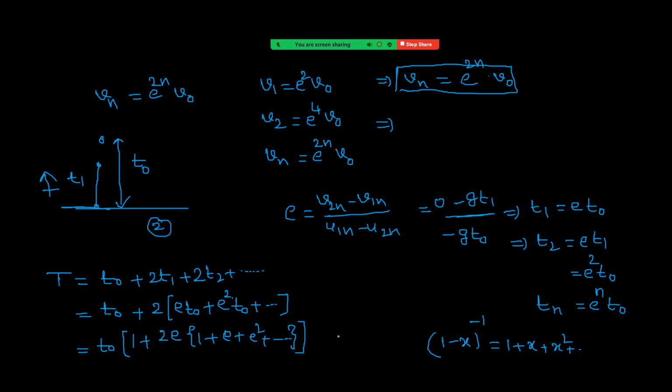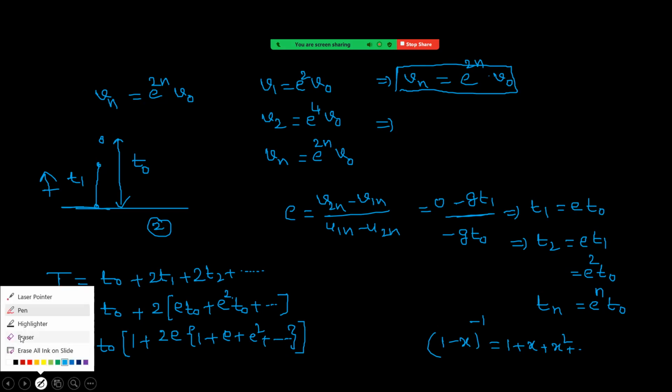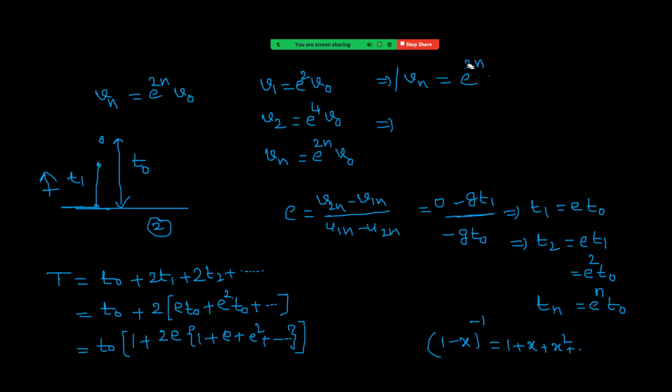So this becomes now, see what we get. So t equal to t naught into 1 plus 2e upon 1 minus e, right?